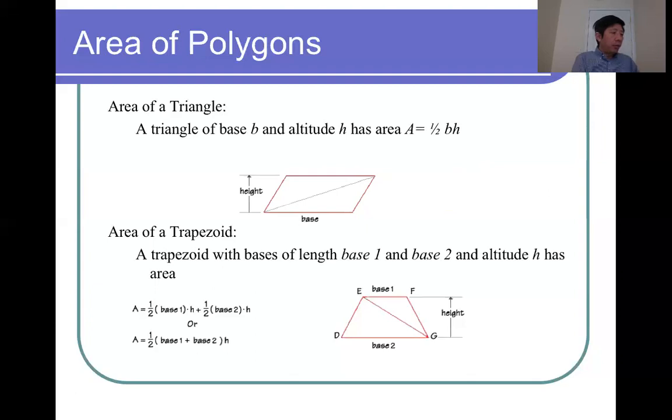Now what about the area of a trapezoid? For the area of a trapezoid, we have the formula 1/2 times base 1 plus base 2, times height. Normally, the textbook will use this one, right? But I would like to teach you more understanding of what's going on instead of just giving you the formula.